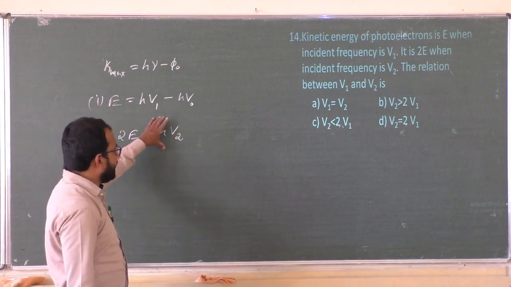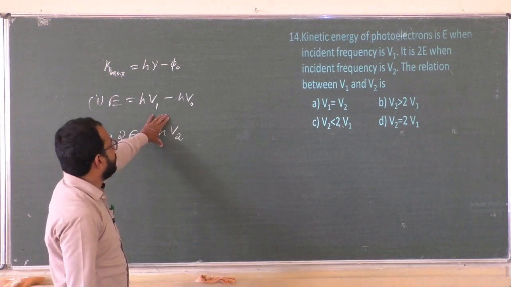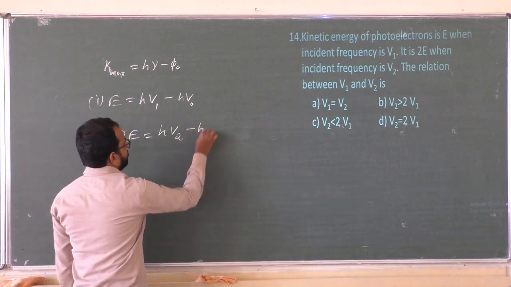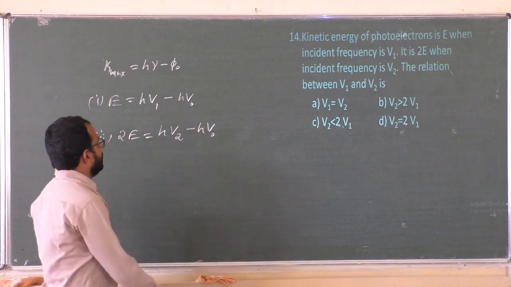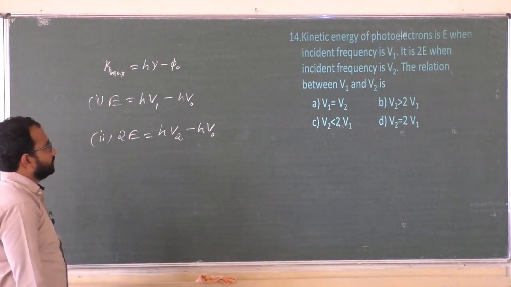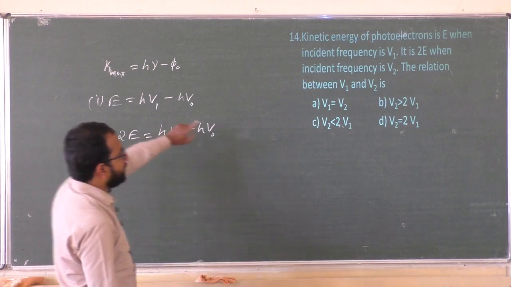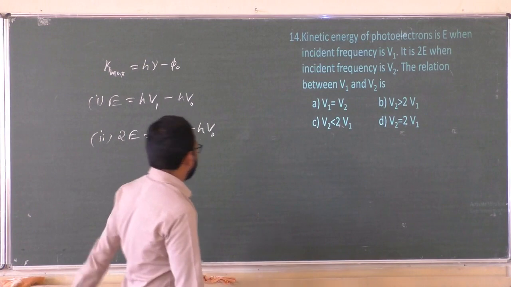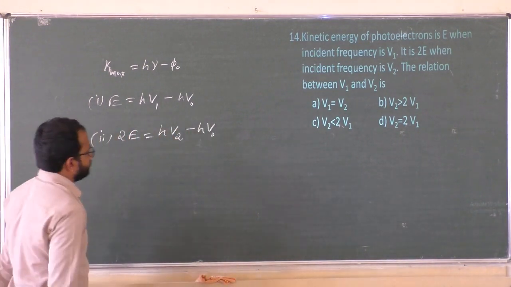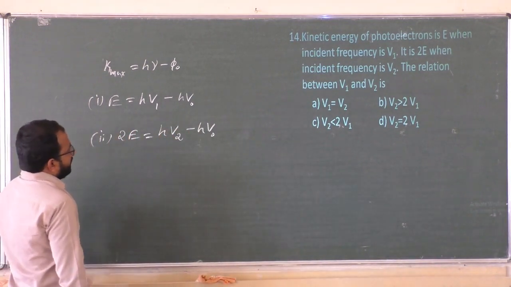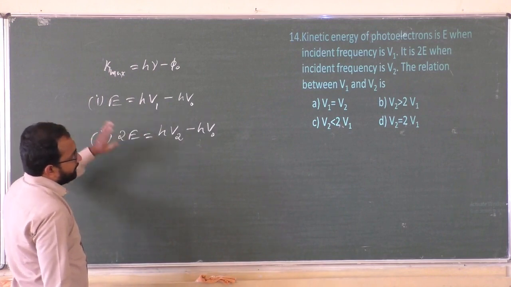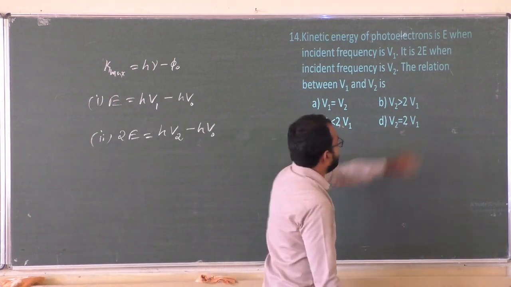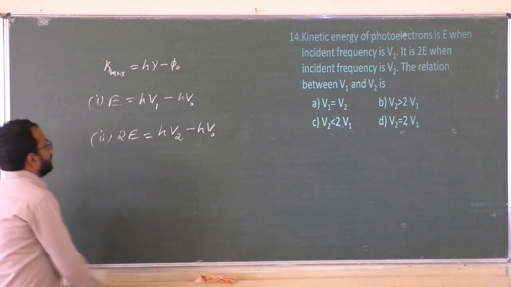If you irradiate that metallic surface with a photon of energy hV2, then the energy becomes twice the initial value. Okay, you have to compare these two. What about the frequencies V1 and V2? How to relate? I have to compare V1 and V2.